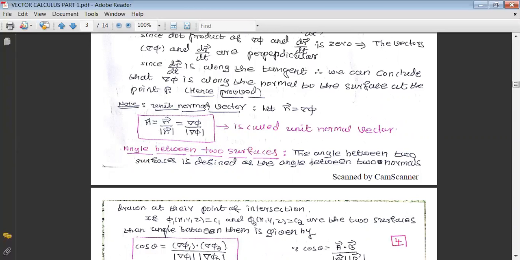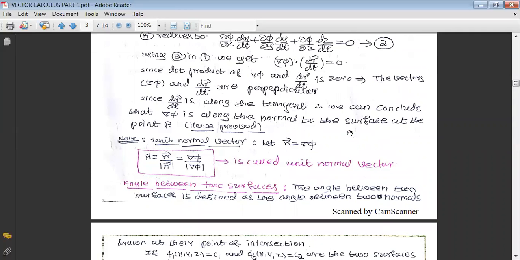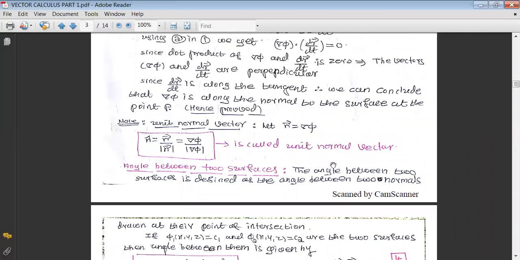This is called the unit normal vector, because as we know del pi is along the normal, and a unit vector in the direction of the normal is n cap, given by del pi divided by magnitude of del pi. It is a unit vector in the direction of the normal to the surface.